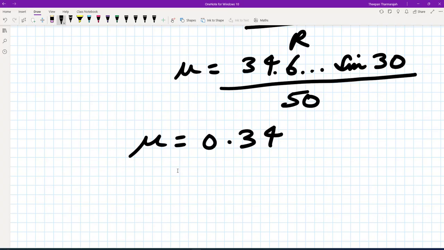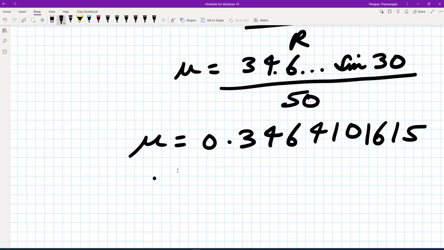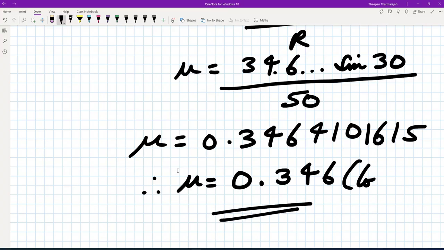I'm writing the full value and then I'm going to round to 3SF. So therefore mu is 0.346, correct to 3 significant figures.